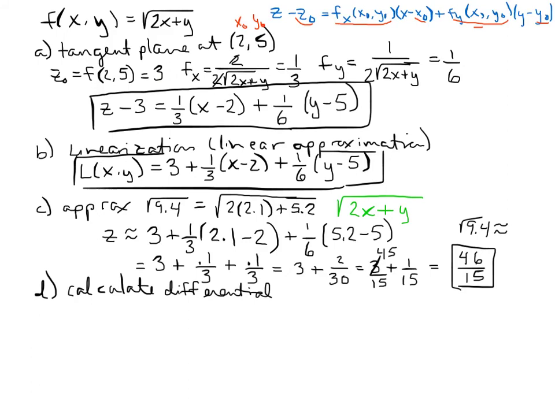So it's the difference between 3 and whatever our approximate value will be. So in this case, we can even see what it would be right now, but I'm going to show you how to calculate it in a little bit of a different way. Right now, you can see that the difference between 3 and 46/15 is 1/15. We're going to calculate that in a different way. All right, so here's the formula for the differential.